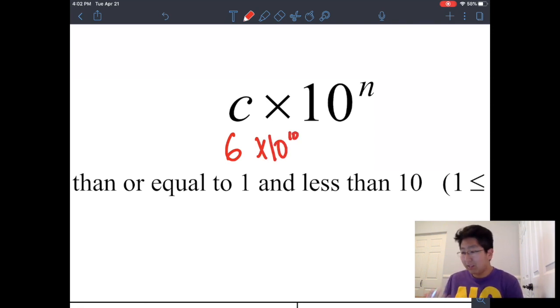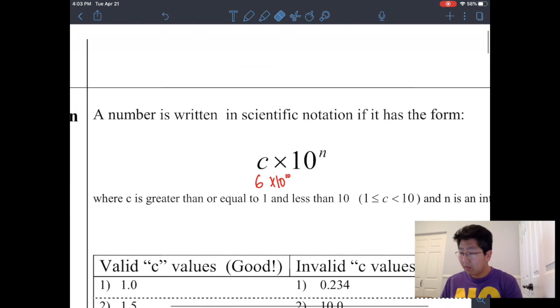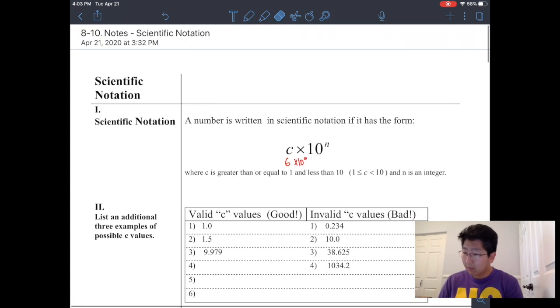That's just another way of saying one number times 10 to some power. This is how we're going to take these massive numbers and write them in a simpler way.